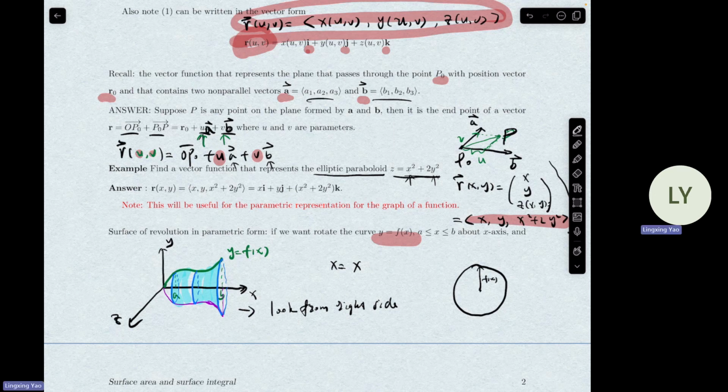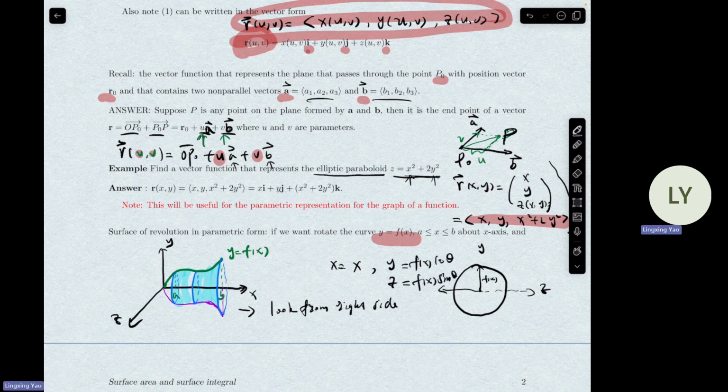All right, and then we would know this y and z. So if we jump on top of the x-axis and look down, we will see this is y, this is z, right? So y and z could be represented by using this polar representation, which is f of x times, depending on how you arrange this.